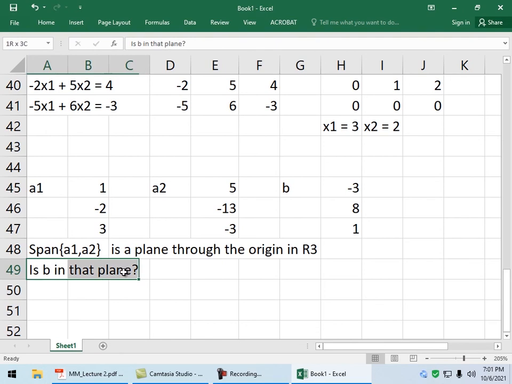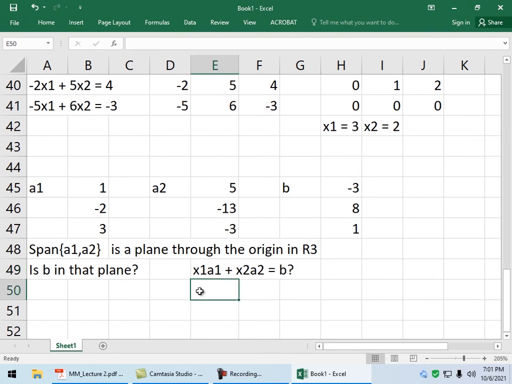So the retranslation of this question, is b in that plane? That means, does the equation x1 a1 plus x2 a2 equals b have a solution or not? So this is the same question.